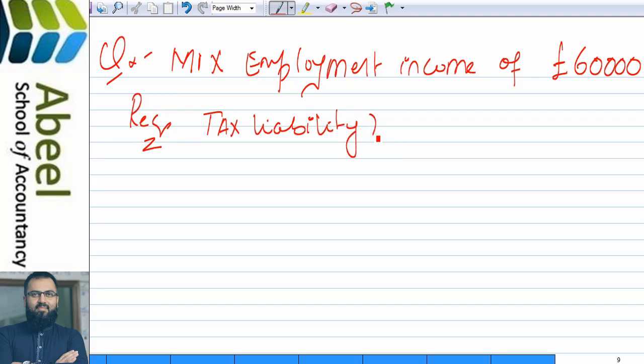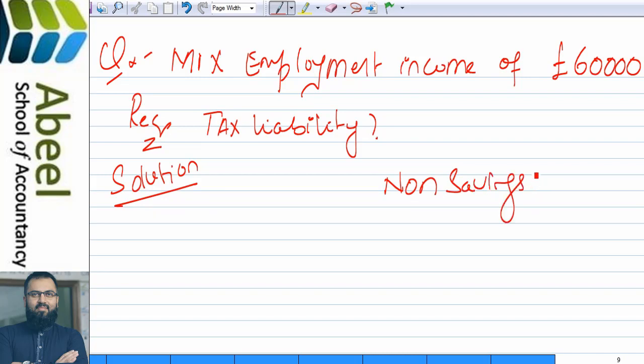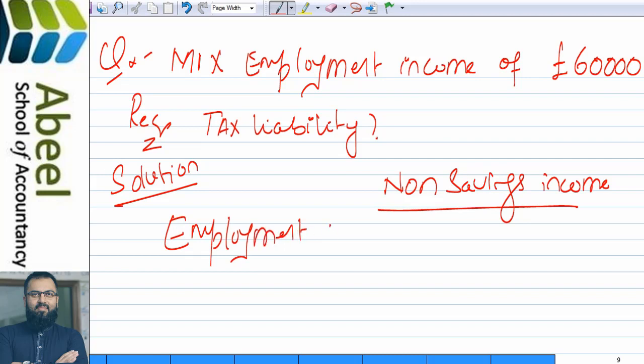So how do we calculate the tax liability? First, employment income is a non-saving income. So while solving the question, you have to give a heading of non-savings income. Then I'm writing employment income, 70,000.